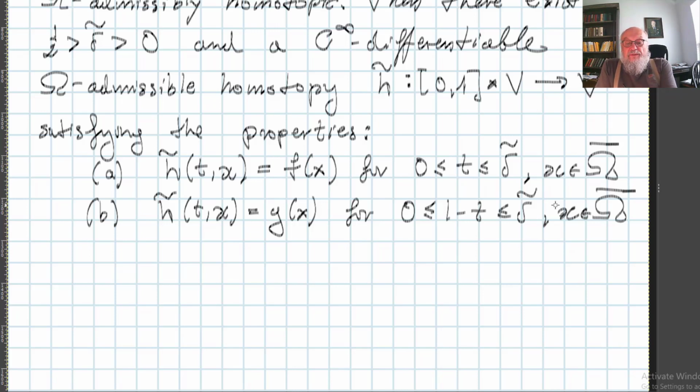Moreover, this smooth homotopy can be done in such a way that for t not far from the endpoints 0 and 1, this is a constant homotopy. So it keeps these functions F and G unchanged.